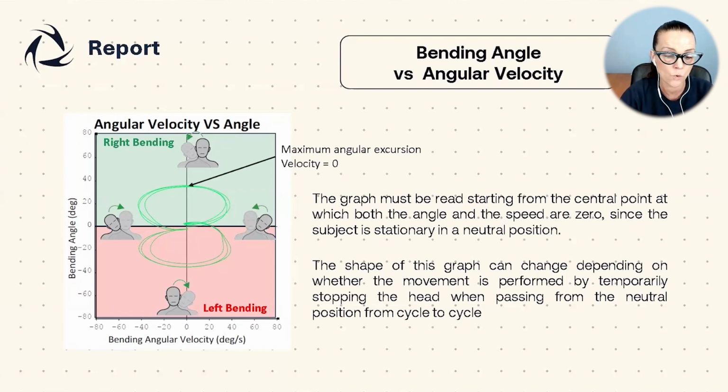For this reason, you have to take into account only the absolute value of the parameter, angular velocity or bending angle. If the patient doesn't have motor limitations or doesn't feel pain, the curve should be specular, both with respect to the vertical axis and with respect to the horizontal axis, passing through the zero center.